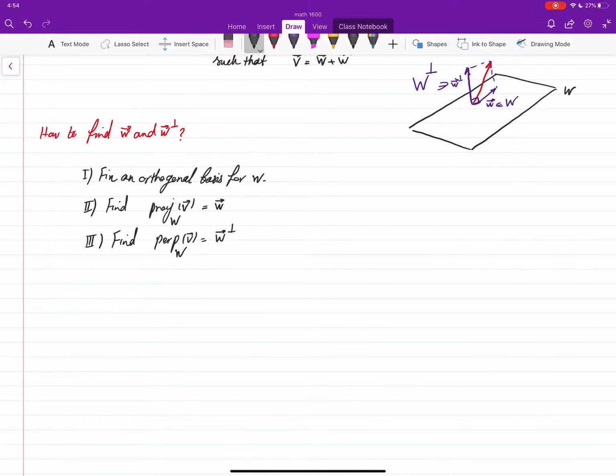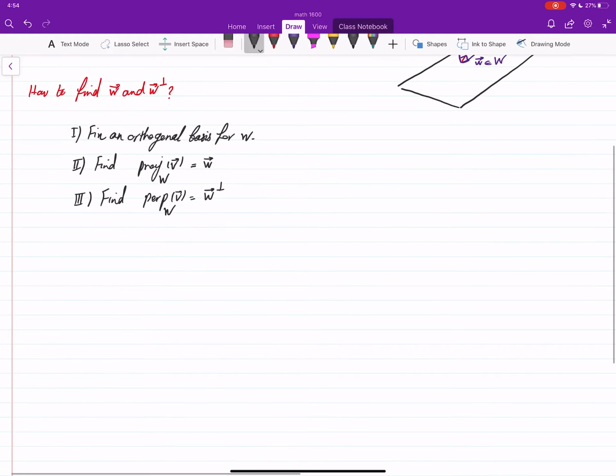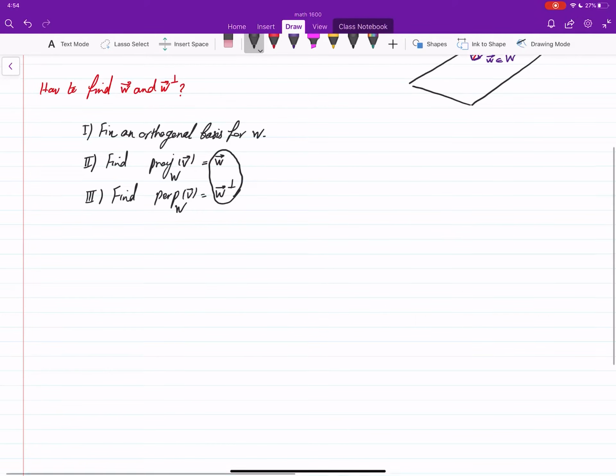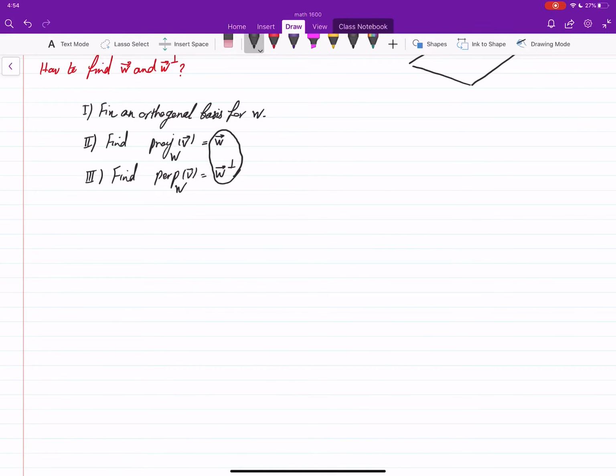If the orthogonal basis is given, just go ahead, find the projection, and find perp of v on W. You have found the vectors in the orthogonal decomposition of v with respect to W.